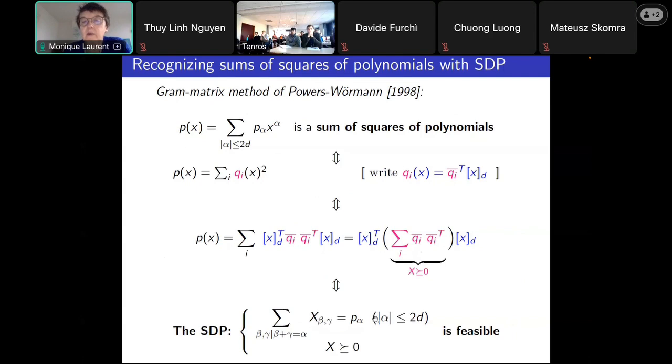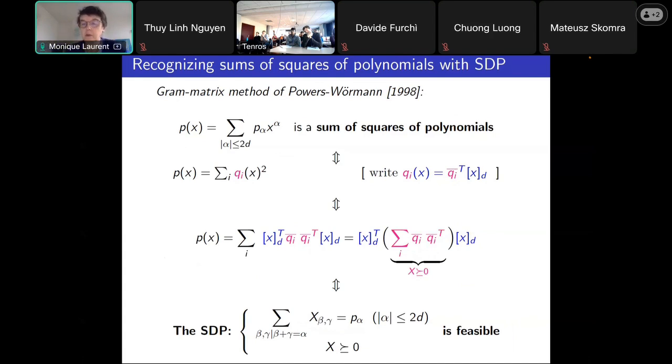And what are these equations? These are just the equations that you get when you equate coefficients on both sides of this polynomial equation here. Here we have P of X, which is the sum of P_alpha X^alpha. And here we have another polynomial, which you could spell out. This would be the sum of X^alpha X^beta times X_alpha,beta. And you equate the coefficients here and the coefficients here. And you get this semidefinite program.